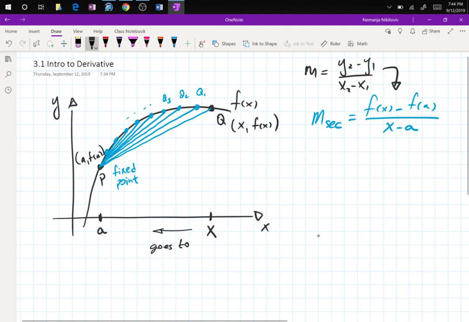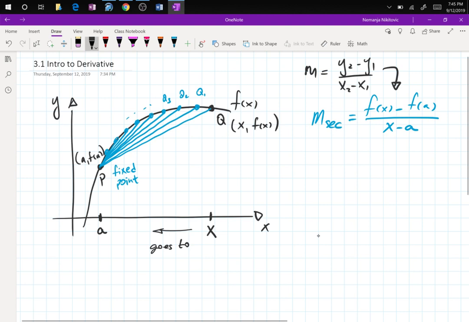But eventually, x is going to hit a, and they are both going to be at the same location, which is happening at point P. Do we lose our lines at that point? Well, clearly algebra can't compute it. Because when x and a are at the same point, let's say 3, then 3 minus 3 is 0, and you do not get to calculate the slope of the line that way.